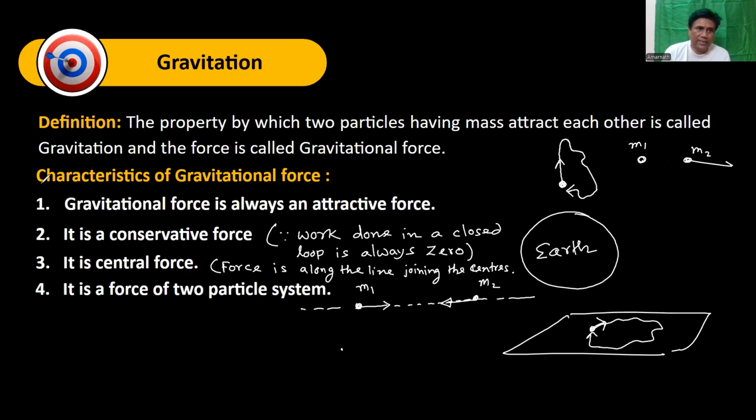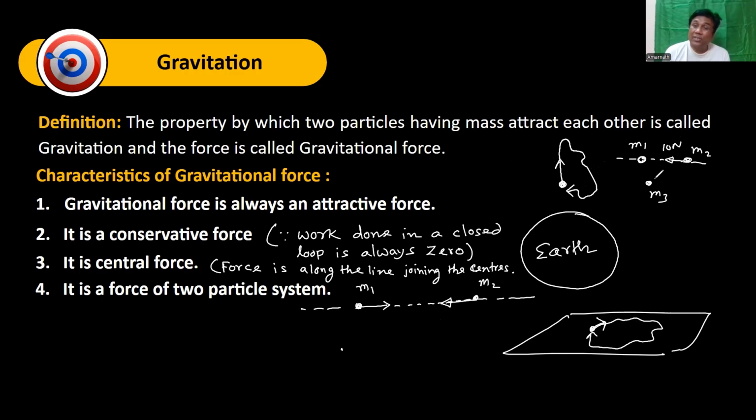The force will always be attractive. Say M1 is giving a force of 10 Newton. If I place any M3 here, then also the force between M1 and M2 will remain the same only.